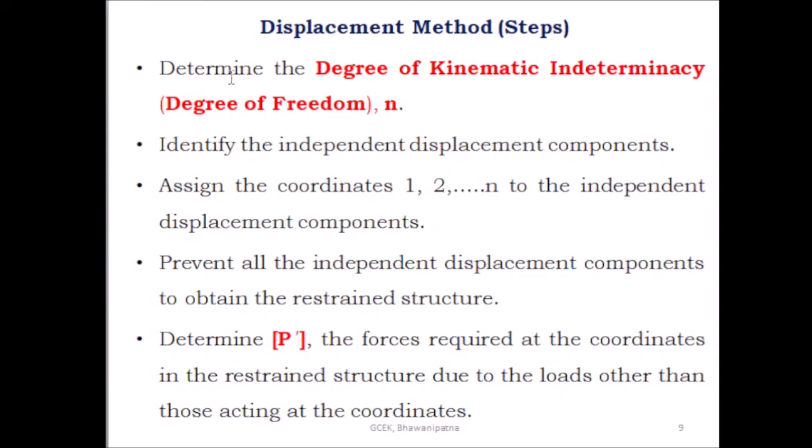First, determine the degree of kinematic indeterminacy, also called the degree of freedom. Then identify the independent displacement components. Then assign the coordinates 1 to n to the independent displacement components. Then prevent all the independent displacement components to obtain the restrained structure.